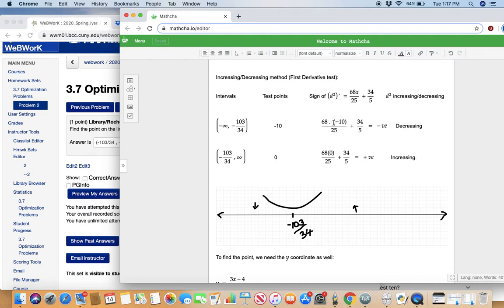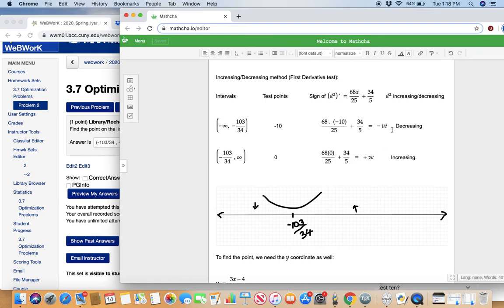Whatever, this is going to be negative 680 over 25. And this is plus 34 over 5. Okay. I could have chosen 100. See, the point is, this is going to be so large, I'm going to get negative here. Likewise, on the right hand side, if I put in 0, this is going to disappear. So all I have is this guy, positive.